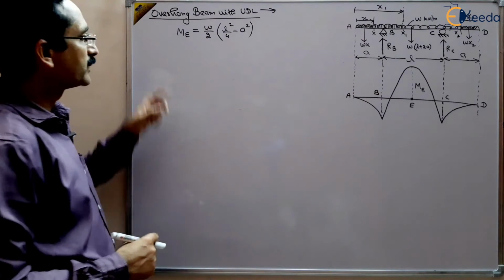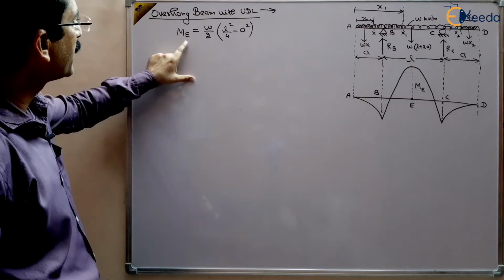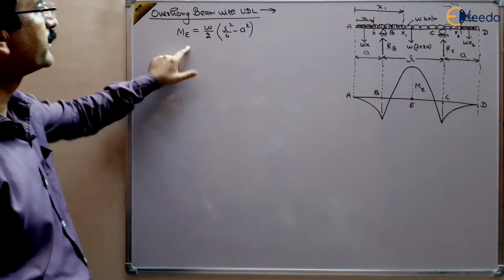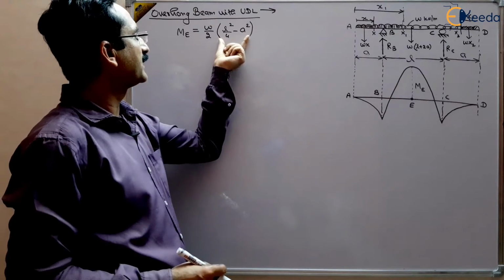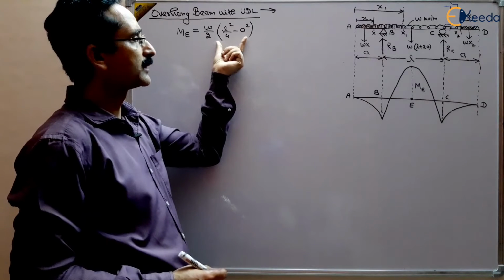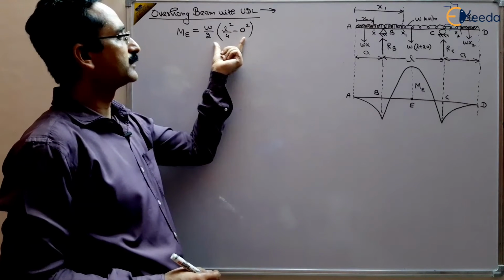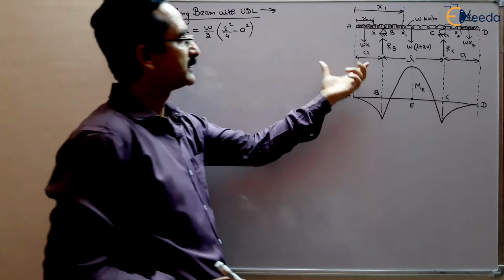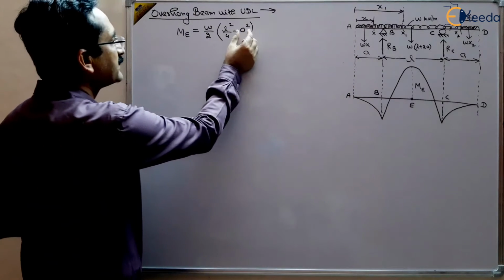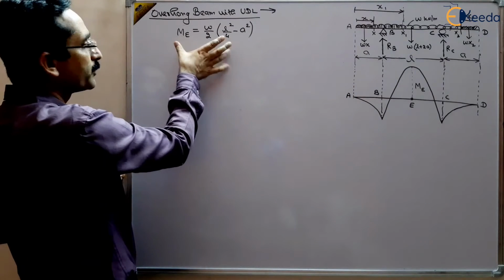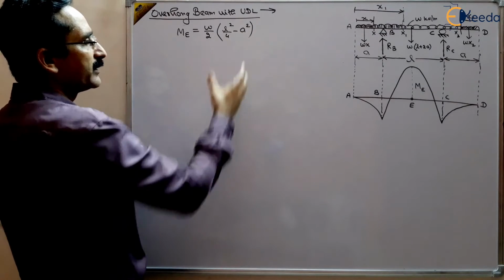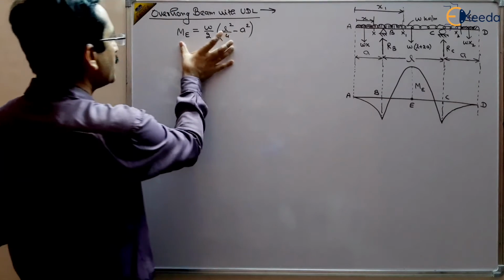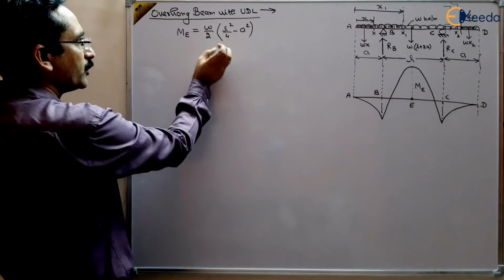But you can see here the bending moment at the center also depends on the comparison of A and L by 2, right? If A is less, this term is positive, more positive. And if A is more, if the overhang is more, this ME will shrink and become lower, right?